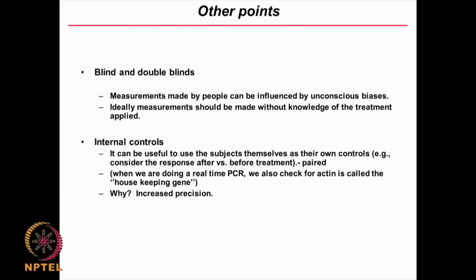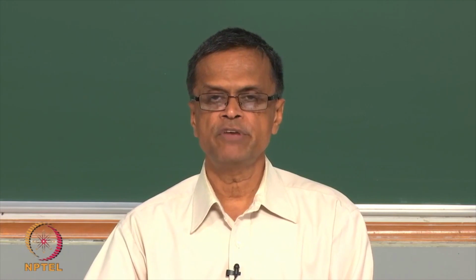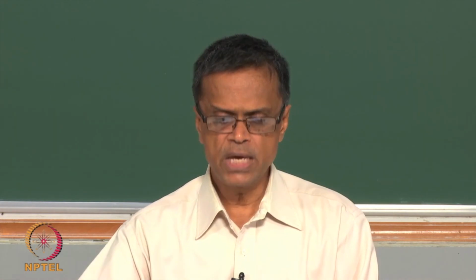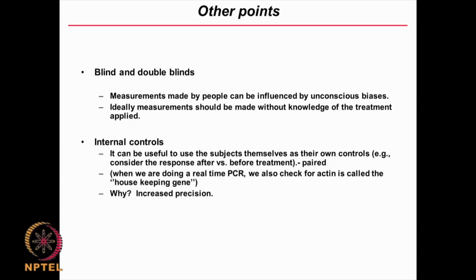Suppose I am doing an analysis with chromatography, I am looking at a particular peak, it may be changing, either going up or going down, but if I have another peak which does not change, or which also changes, then I can take the measurements of the unknown with respect to the control. So, that sort of ratio is always better than dealing with absolute values. So, that way internal controls are very important.